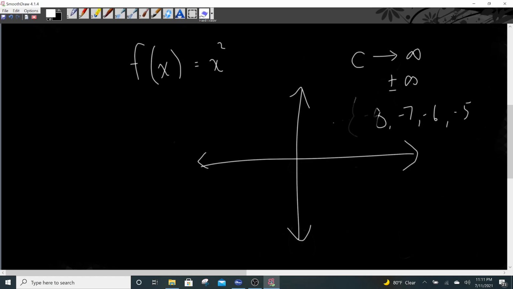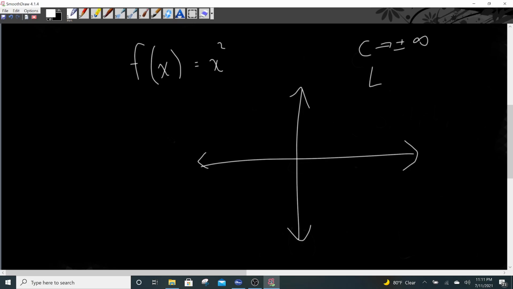Negative infinity is also just the set of natural integers, but with negatives. And if c is approaching plus or minus infinity, then I can't say that the limit is going to be approaching plus or minus infinity, because it can actually approach quite a few things.